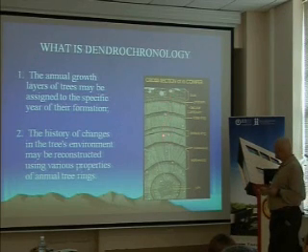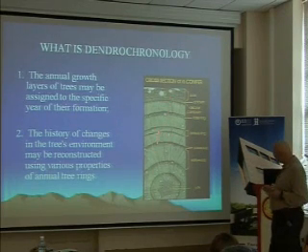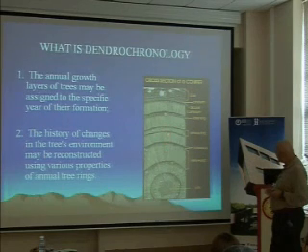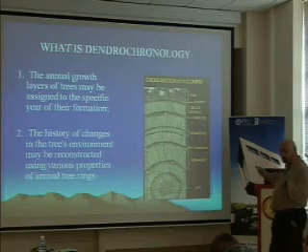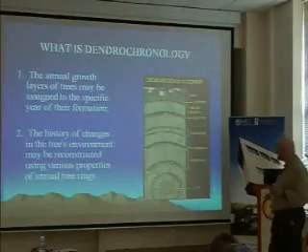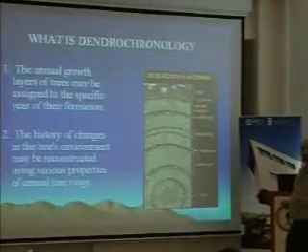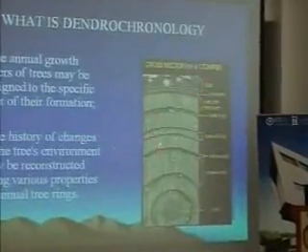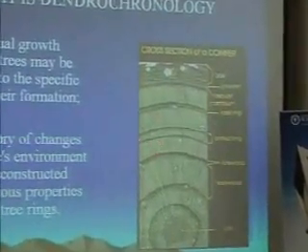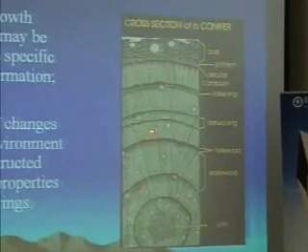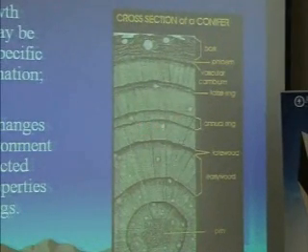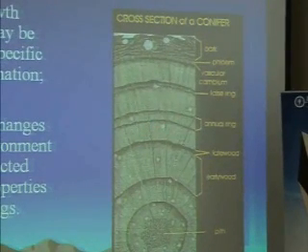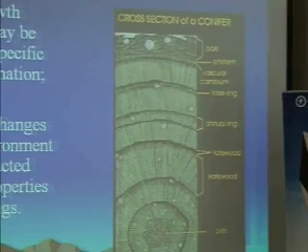Second, the history of changes in the tree environment, which means when you see rings, big rings, narrow rings, these can be reconstructed by using either the whole annual ring or the early wood or the late wood. Okay? If you have any question, shoot.